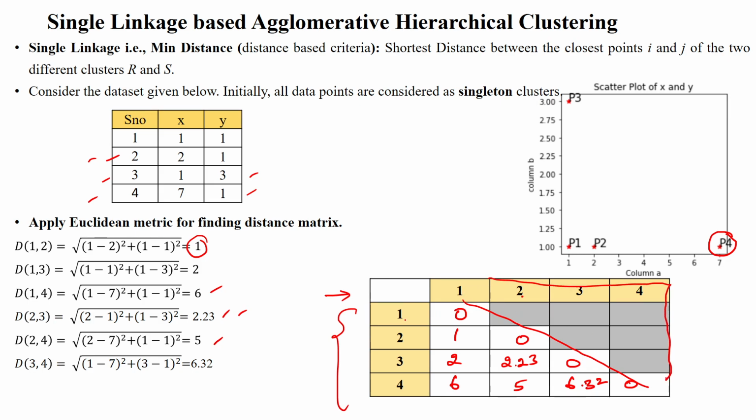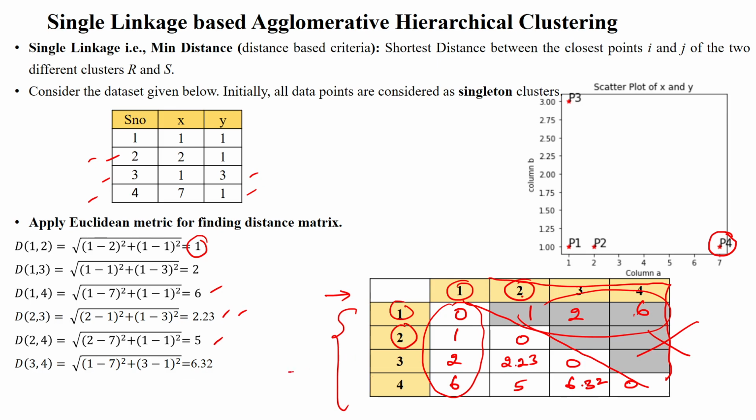You can see that 2 comma 1 is the same as 1 comma 2, so the value 1 appears there. Likewise, 1 comma 3 is the same as 3 comma 1, which is 2, and 1 comma 4 is the same as 4 comma 1, which is 6. The same values are reflected, so there is no need to use the duplicate values. We are ignoring the upper portion of the distance matrix and will take only the portion below the diagonal.